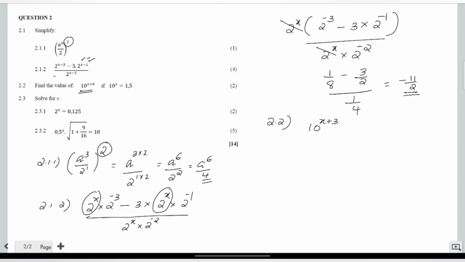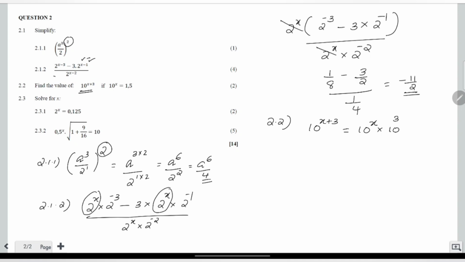And what is given here? 10 to the power x plus 3. So how do you extract 10 to the power x from 10 to the power x plus 3? You can split it, isn't it? This is the same rule of exponents that we did for the previous question: 10 to the power x times 10 to the power 3. It's not 2, it's 10 to the power 3.